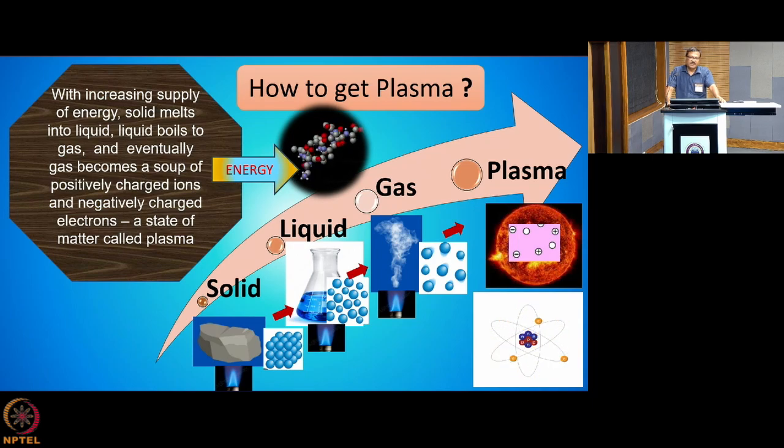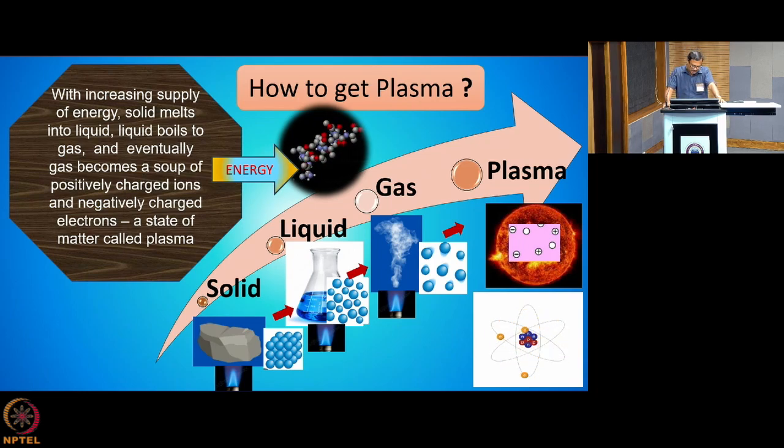When you have heated the gas enough that it is an assembly of large numbers of positive and negative ions together with neutrals, and it starts showing the shielding effect within a certain distance, then we say that we have reached plasma.